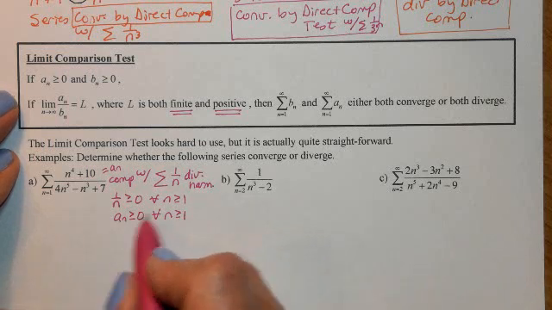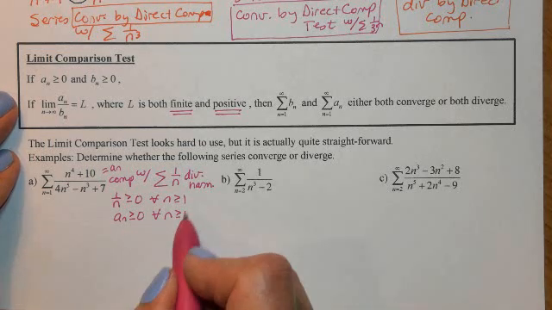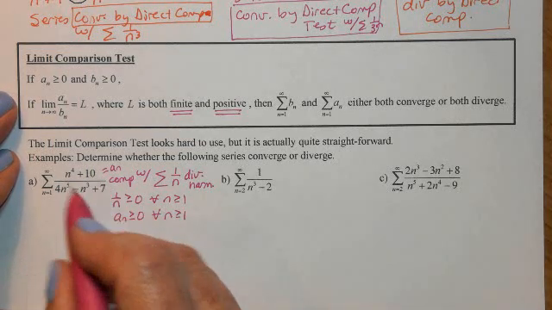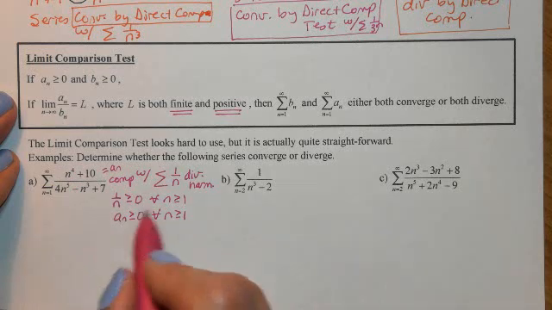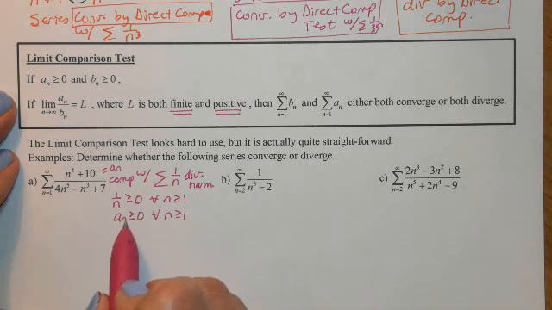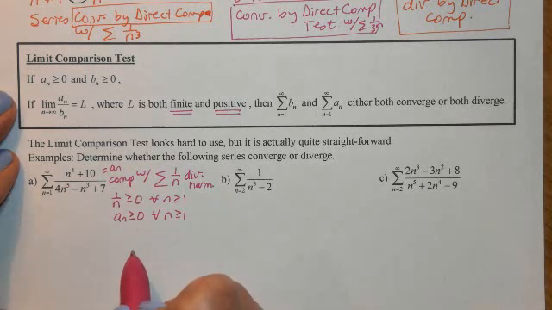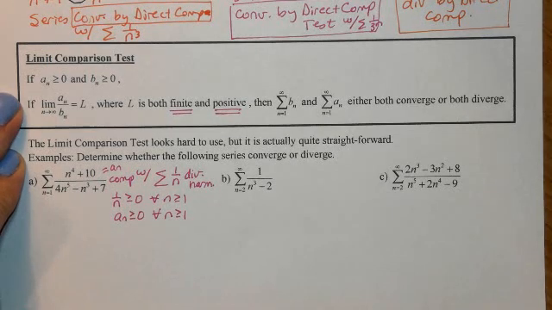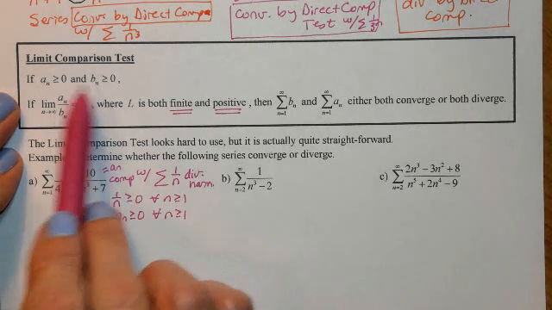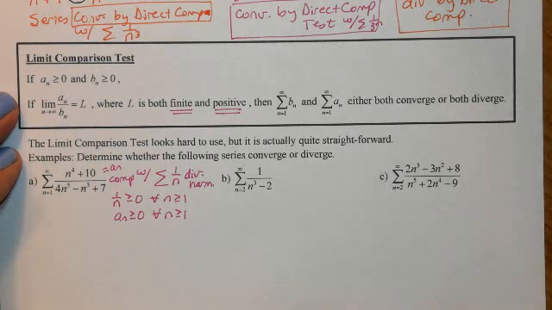I'm just going to tell you right now, nobody's going to try to trick you and give you something that's going to be negative in there. So just assume that I've done the legwork ahead of time and it is positive. I need you to state these conditions, though. This is something that I didn't used to do. I didn't used to have my kids state this, but there was a question on the AP test that said to state the conditions for this. And my kids didn't know what they were because I didn't make them.